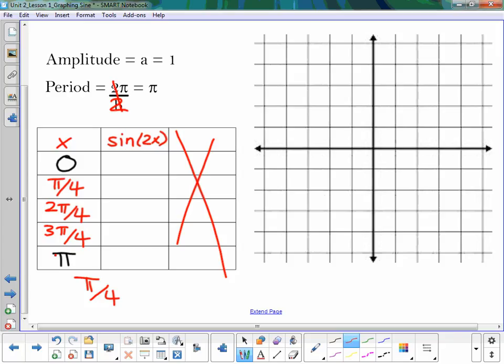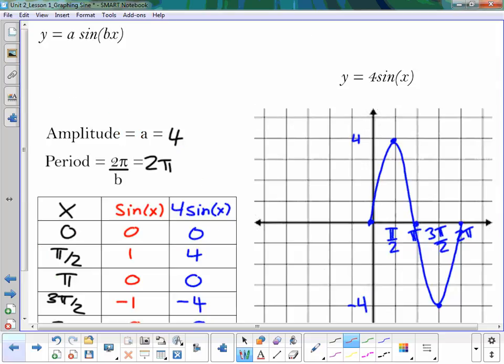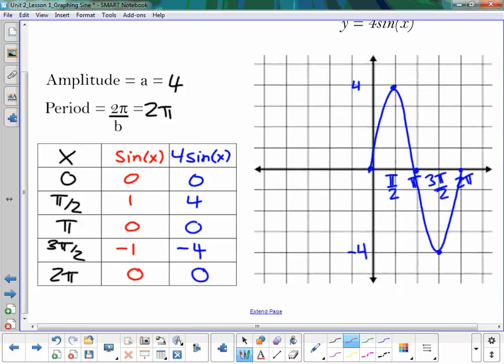How do you know it's pi to use pi over 4? How do I know to use pi over 4? I took the period and divided it by 4. Because if we start with the original sine, we have 4 intervals: 1, 2, 3, 4.